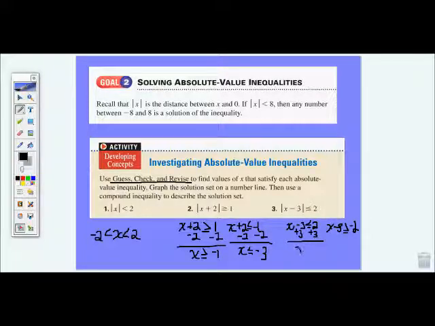I would go ahead and on this one, I would get x needs to be less than or equal to 5. On this one here, where I multiplied, so I reversed my sign, I apologize for the writing. This one would be that x is greater than or equal to 1.